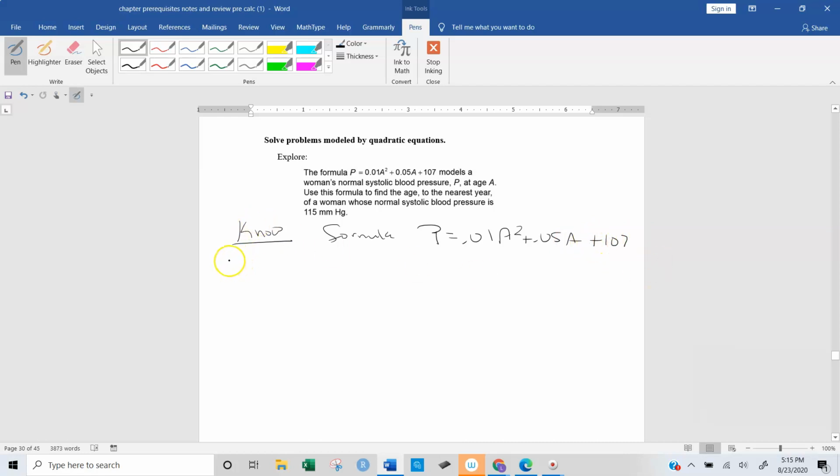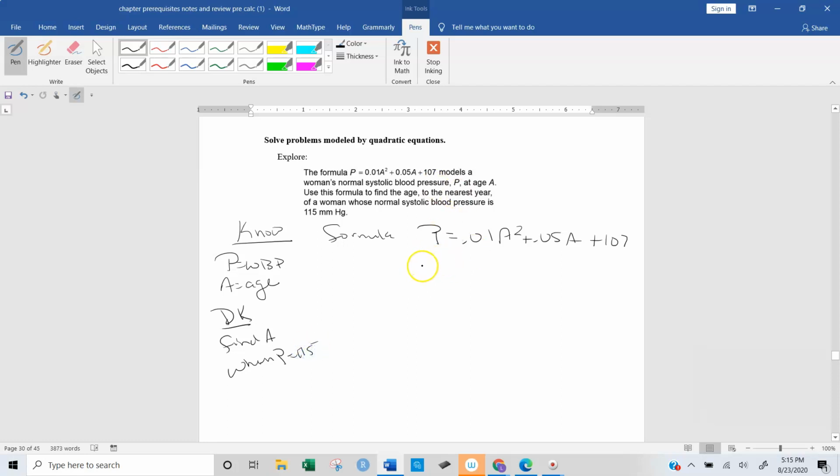When I go down here, I know P is a woman's blood pressure. I know A is her age. What I don't know, and have to find, is A when P is 115.